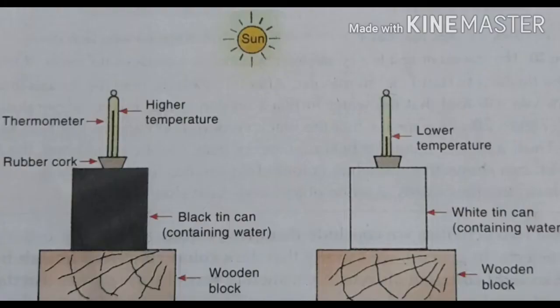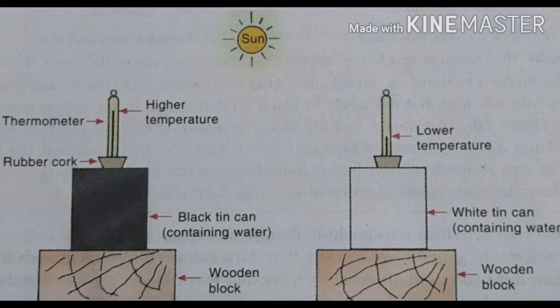Next is an activity to show objects having dark color are better absorbers of heat than the objects having light color on their surface. Take a black painted tin can and a white tin can of the same size and place them on two wooden blocks separately.